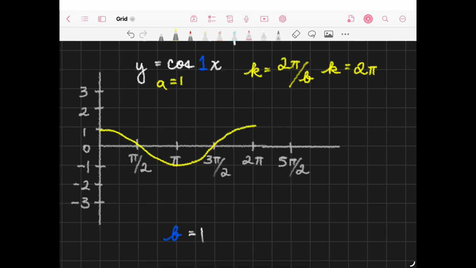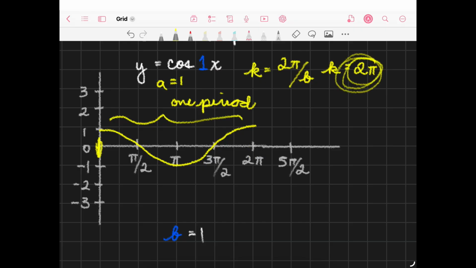So this basically completes one period. And our one period here would be from x equals 0 to x equals 2 pi. And we know that k is equal to 2 pi. And then this goes on.